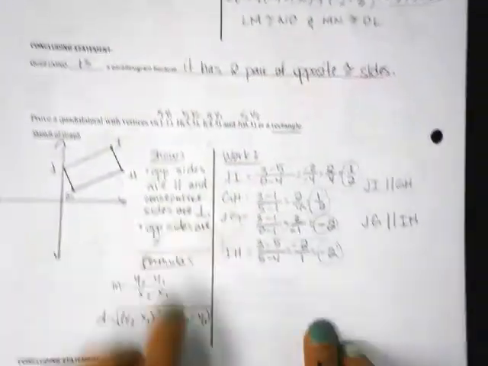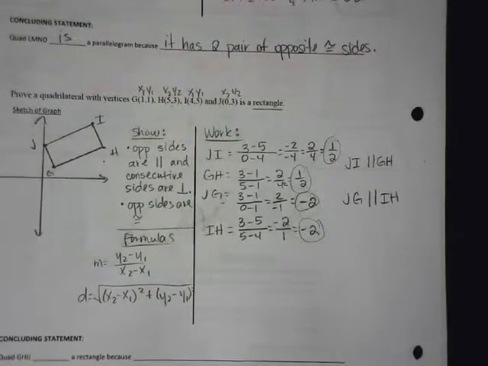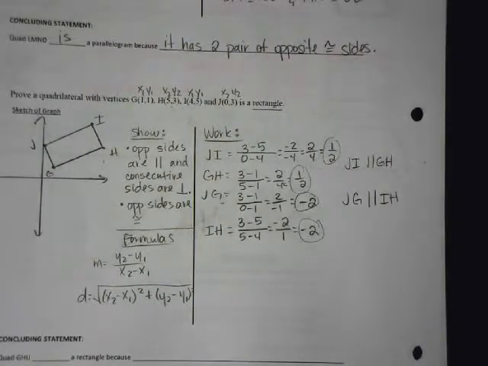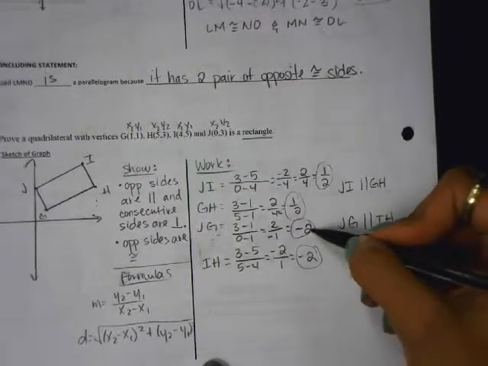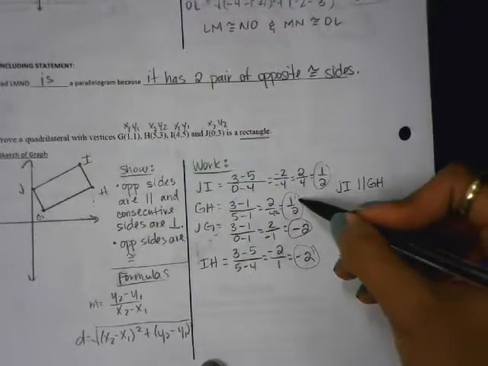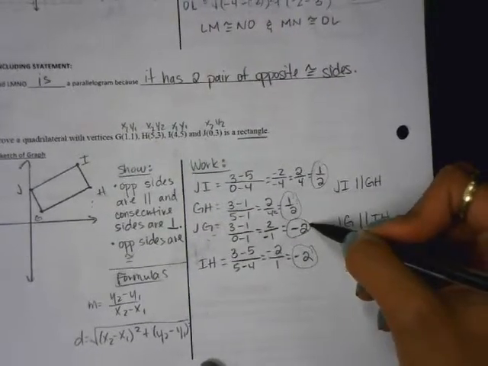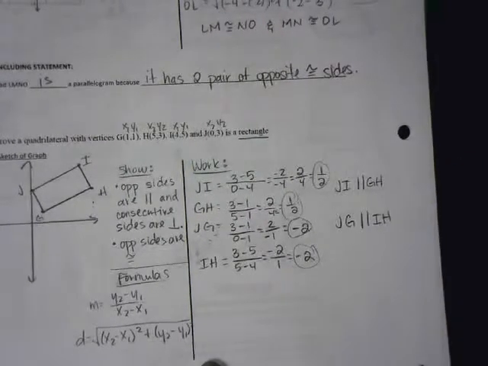So we have also proven that JI, look at our picture, JI is perpendicular to GH because they have opposite reciprocal slopes. Wait, did I write that down? No, JG. Sorry about that.